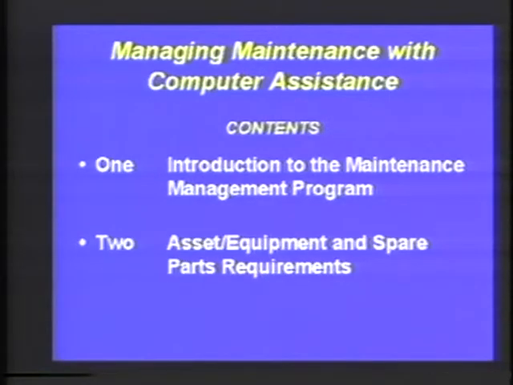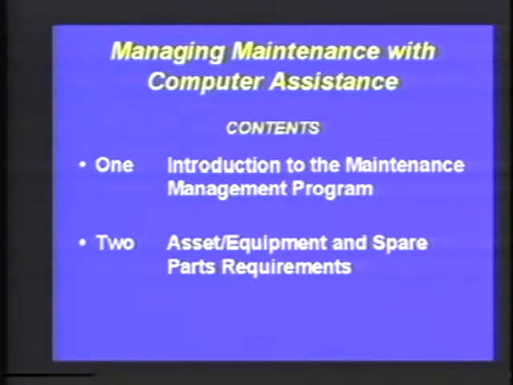Section 2 pertains to the asset equipment listing and the various spare parts that are used within those assets by the maintenance organization.